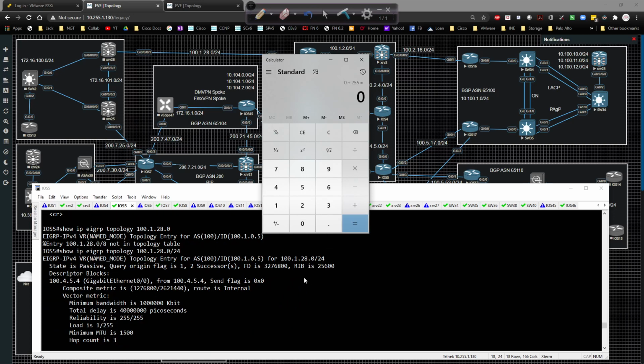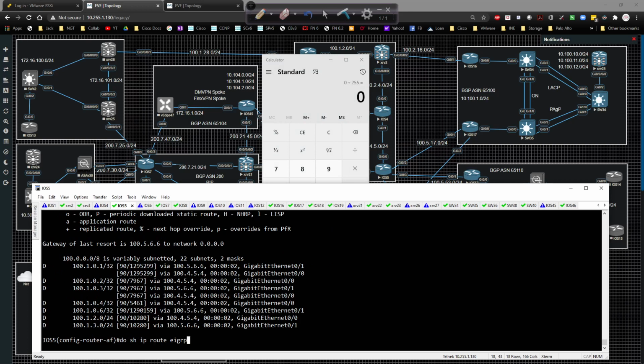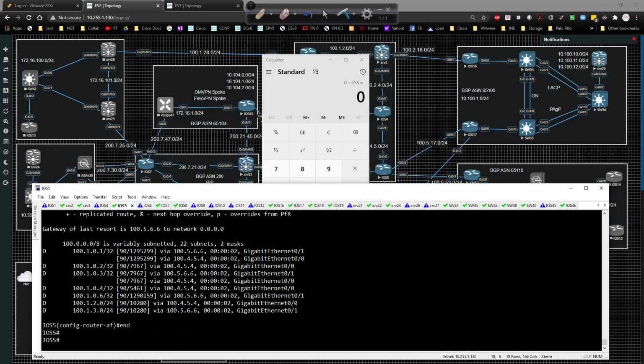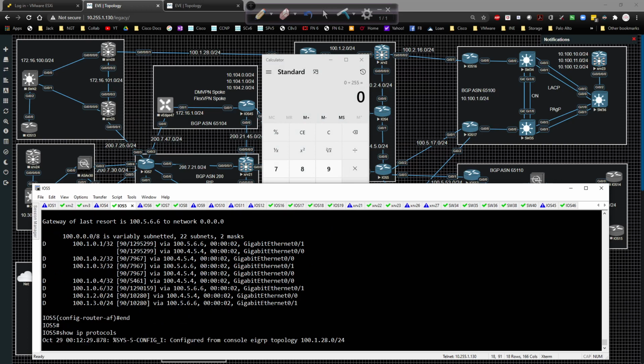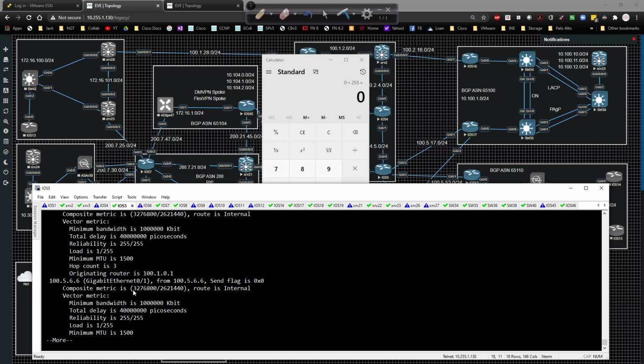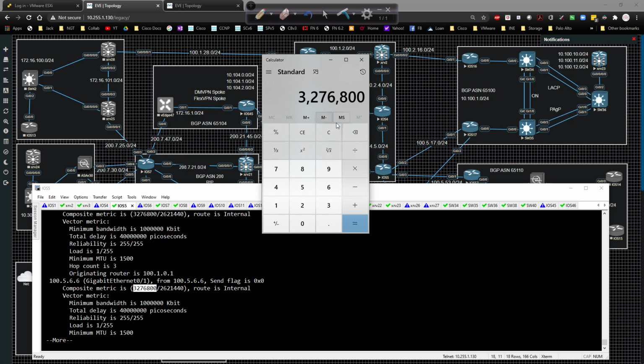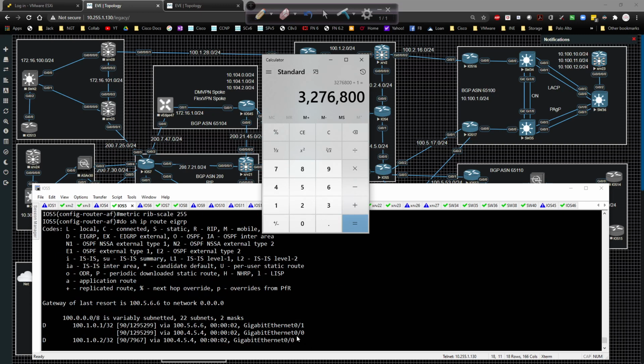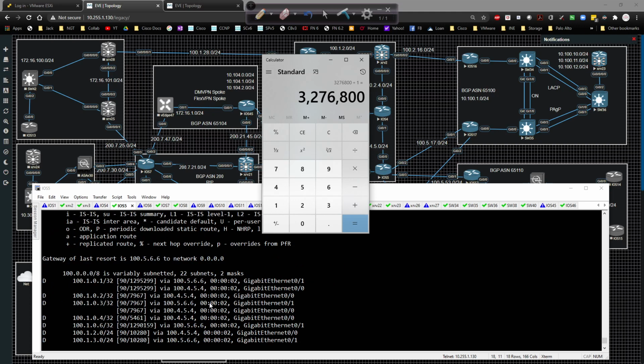Let me jump out of global config. If I was to do the topology for this and then grab this value right here, 32768, paste this in, and then divide that by 1, it's not going to really come into play, but you're effectively adjusting it so that it's not a division.